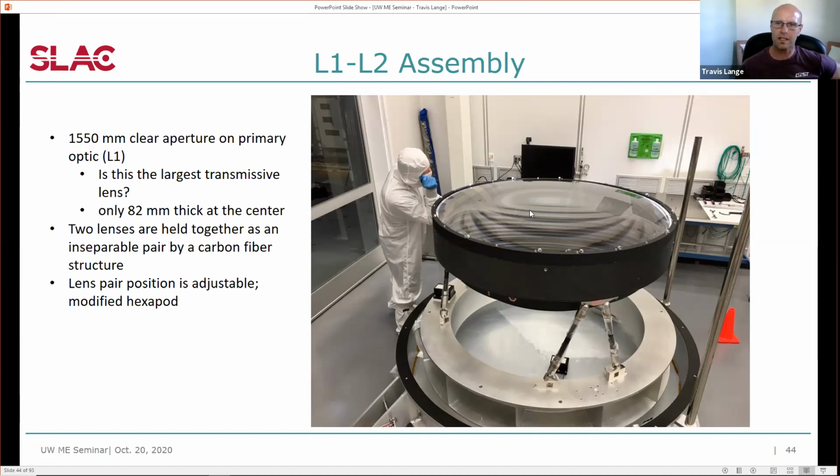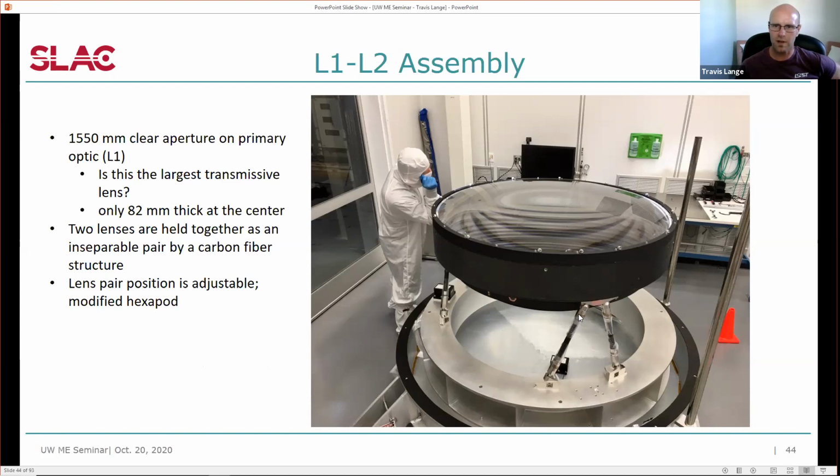So it's actually two lenses. It's a pair that's held in place with a carbon fiber structure. The carbon fiber structure was for both structural reasons as well as thermal reasons, to make sure that there's not a growth between the lens pairs when there's temperature swings. The entire assembly is adjustable on a modified hexapod.